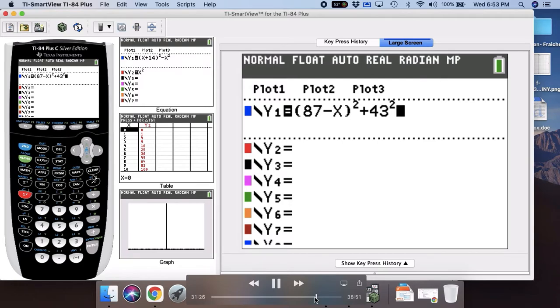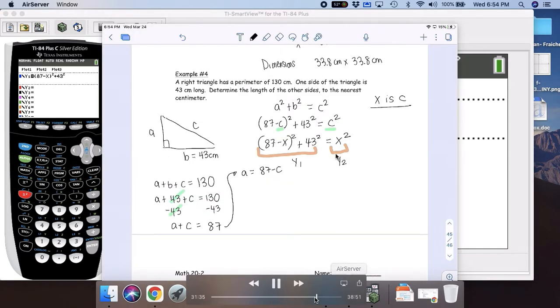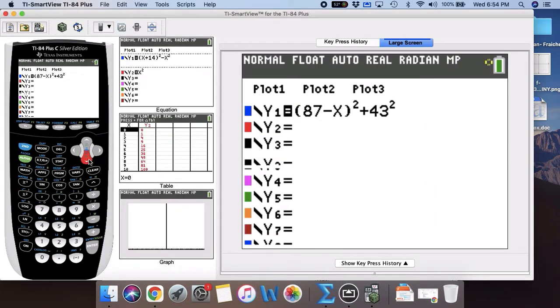Now the right side of your equation is going to go into y2. The right side of my equation is supposed to be x squared. Remember, x squared. As you can see, I put that little 2 in it at the end. Make sure you do that in your notes as well. So that's my y2.